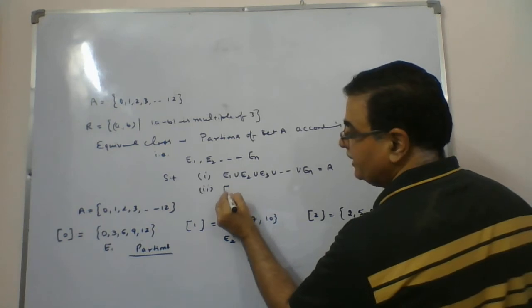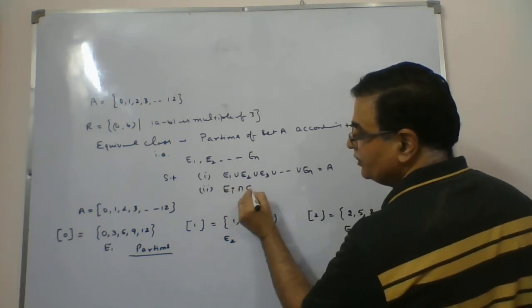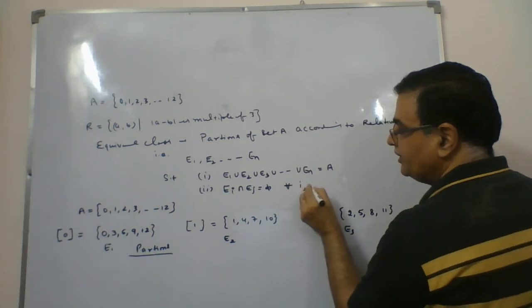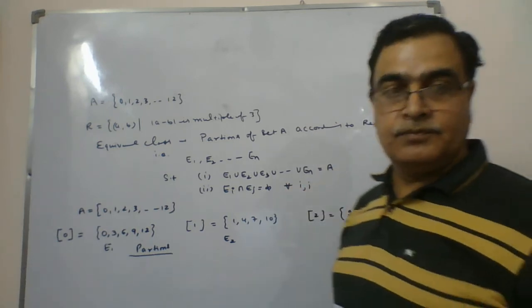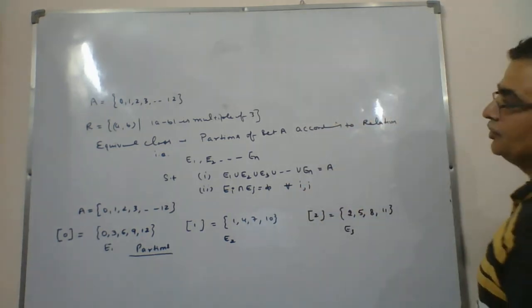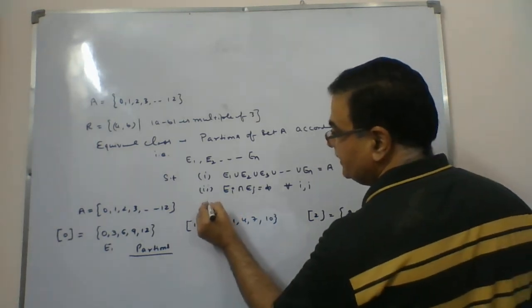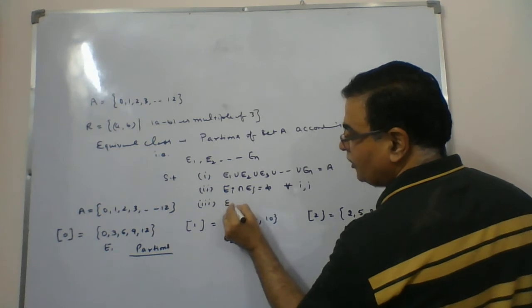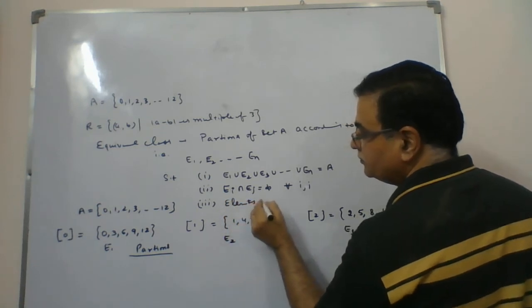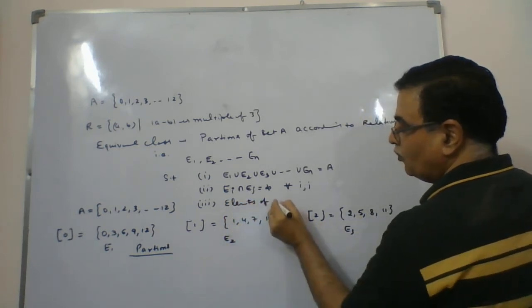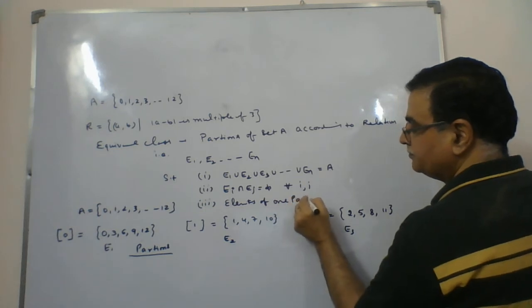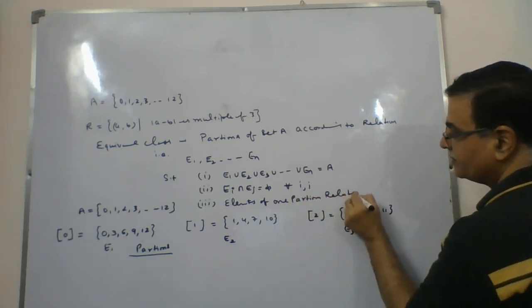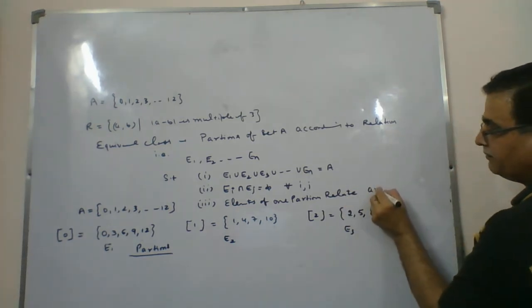So we should say Ei intersection Ej is empty for all i not equal to j. Then the third condition. What the third condition says, elements of one partition relate among themselves.